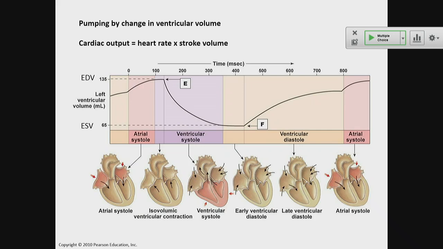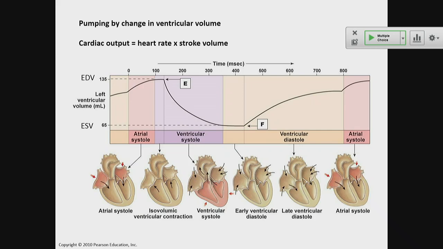Now we can look at a couple of features of this process, and there are two different volumes that we usually refer to. What's shown in this graph is the volume of blood in the left ventricle at any given time. You can see that the minimum here is around 65 milliliters, so the ventricle is never completely empty.